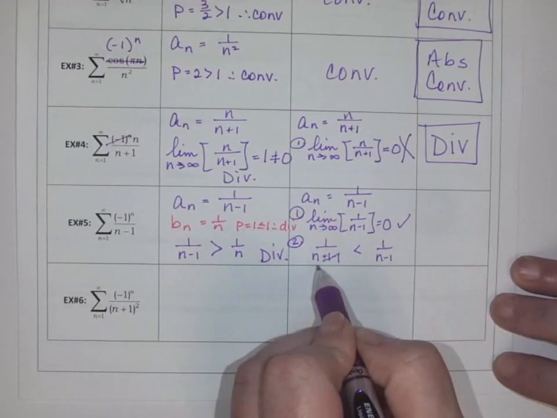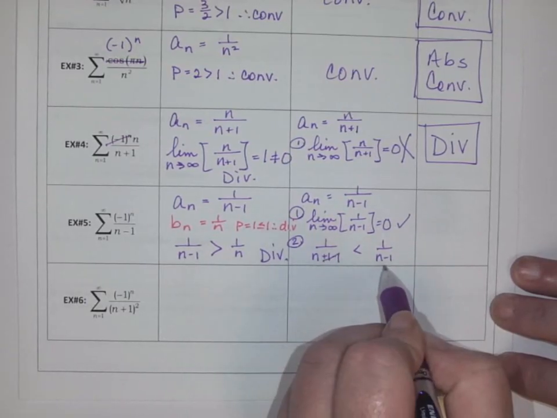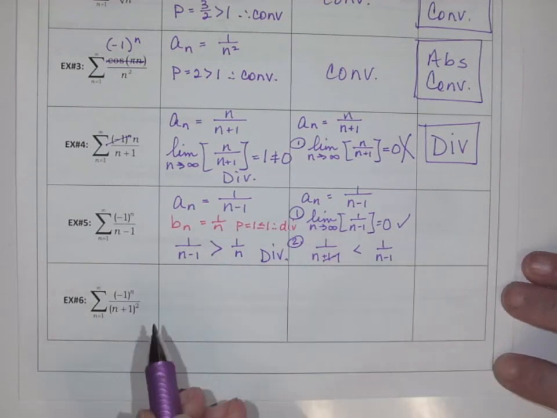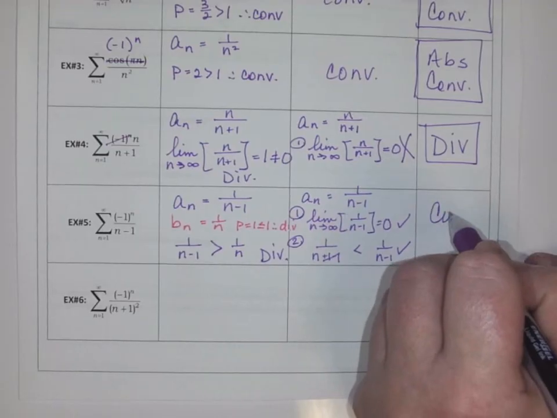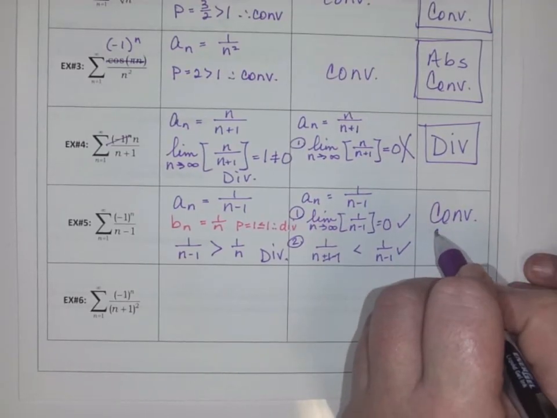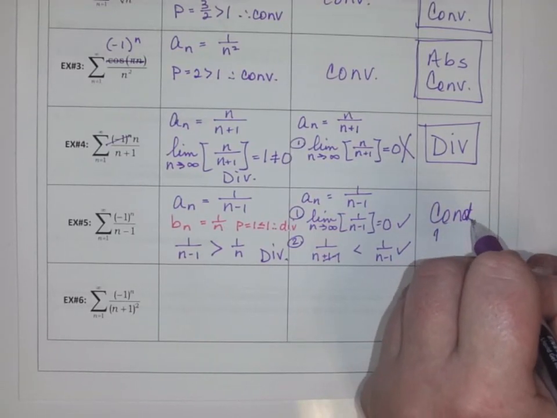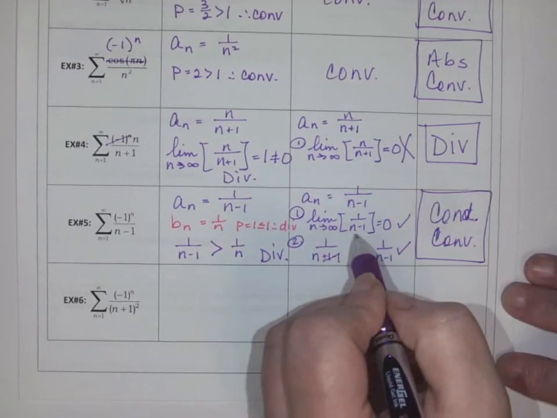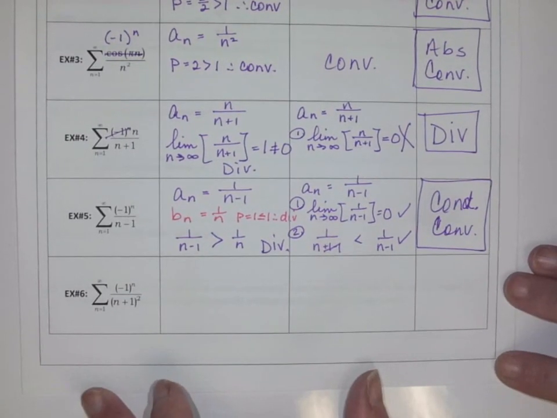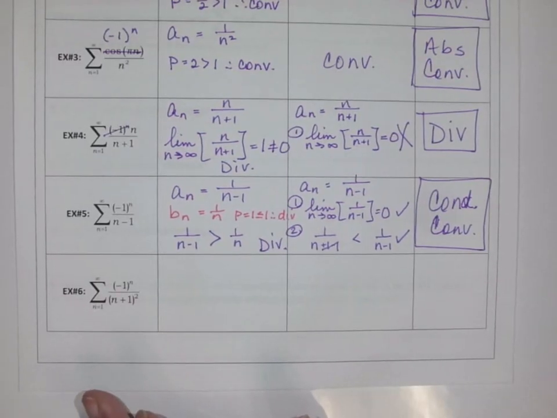Well, 1 over n is less than 1 over n minus 1 because remember n minus 1 is making your denominator bigger. So that condition is met. So therefore it has conditional convergence. Okay, it needs the alternating piece to converge. The convergence is conditional upon the alternating piece.